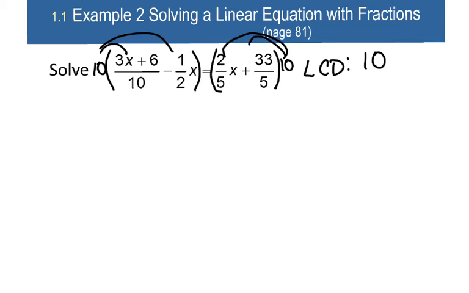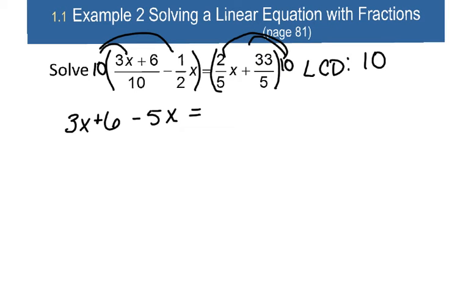So distributing the 10 on the right side of the equation will end up actually canceling that denominator out completely, so that we're left with 3x plus 6, and then this 10 right here to the 1/2.